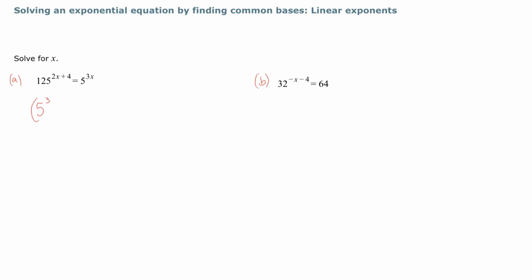So we replace 125 with 5 to the third, and then we're going to write 2x plus 4 as the exponent on the outside. Technically speaking, probably best to write that in parentheses. This is now equal to what? This is equal to a base 5 raised to the 3x.